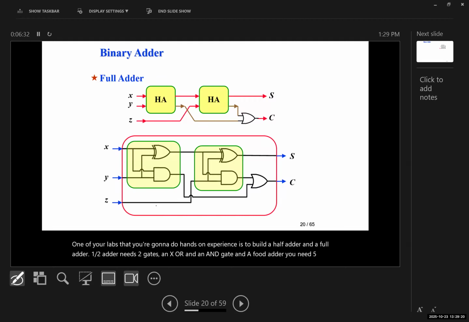And we already know that C2 is equal to G1 plus P1 C1. When we replace it, C3 would be equal to G2 plus P2 G1 plus P2 P1 G0 plus P2 P1 P0 C0. So you can see that when you add more numbers, you're going to have a higher complexity. This is an example of a carry look ahead adder.